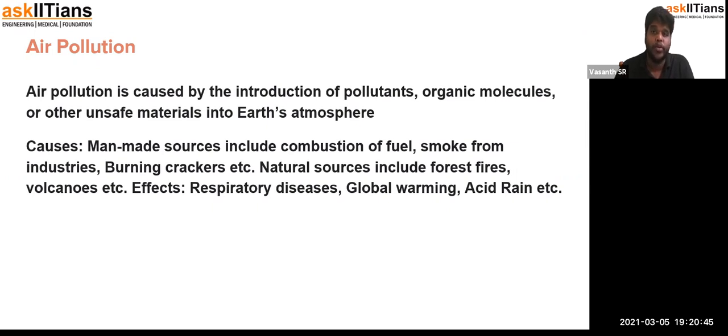Okay, now what is air pollution? Pollution is a process that makes a component unsafe for consumption or usage. You cannot call it useless, but any pollutant or material that makes it unsuitable for usage is called air pollution or a pollutant.